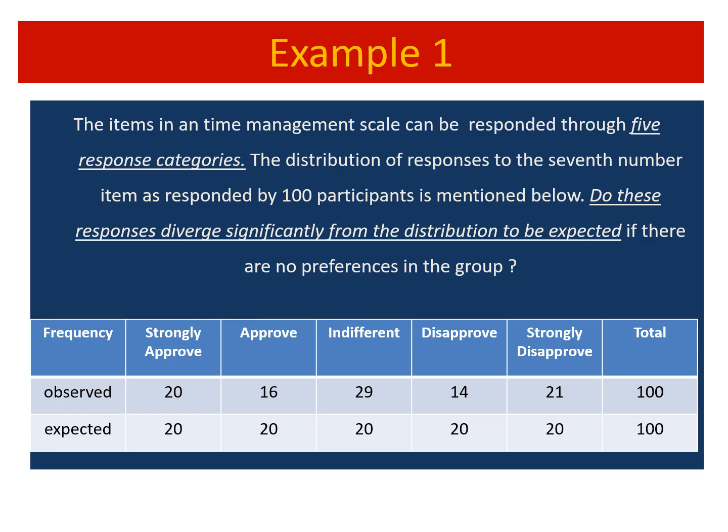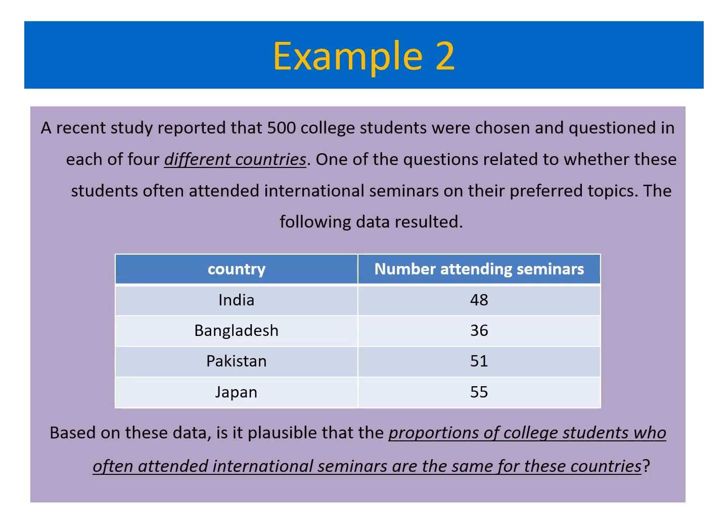Now, in the next example, a recent study reported that 500 college students were chosen and questioned in each of 4 different countries. One of the questions related to whether these students often attended international seminars on their preferred topics. The following data resulted. In the country, there are 4 country names given.